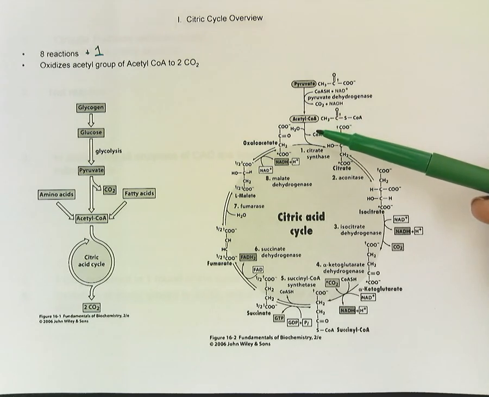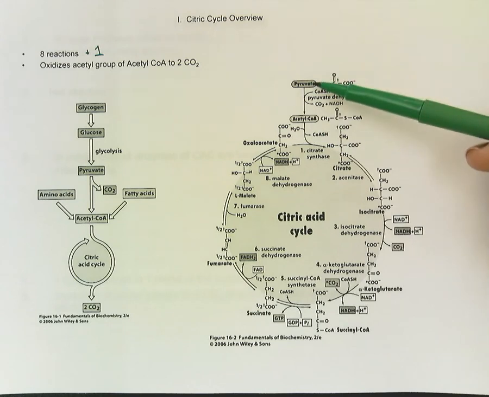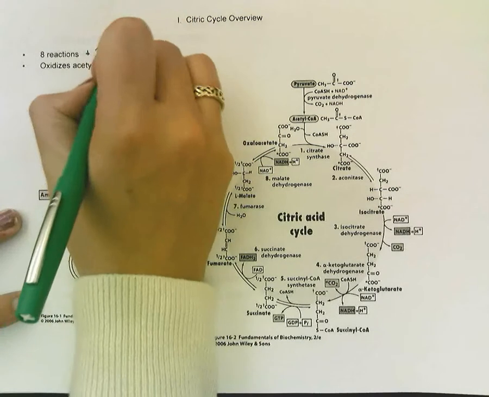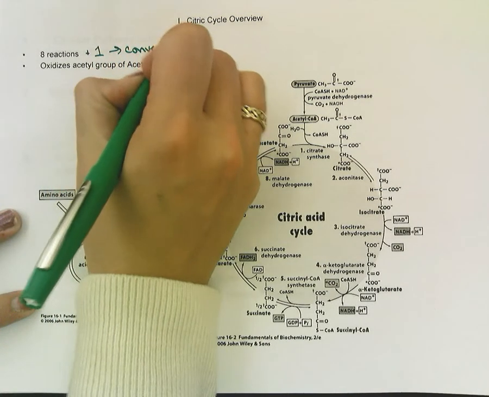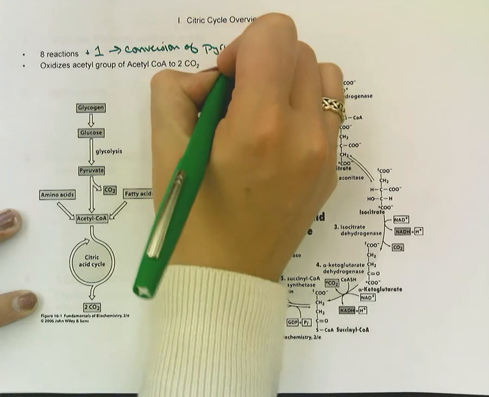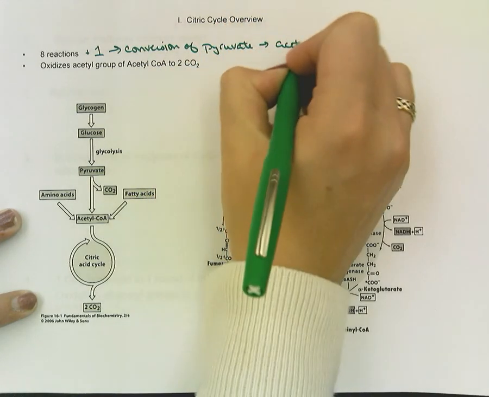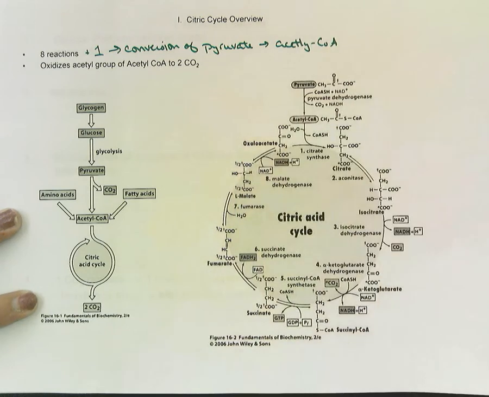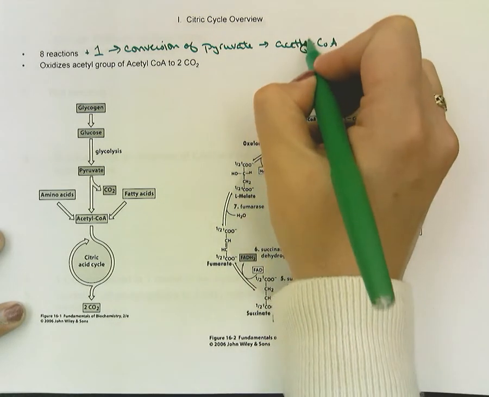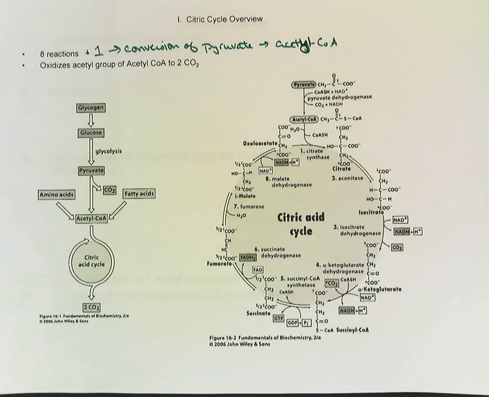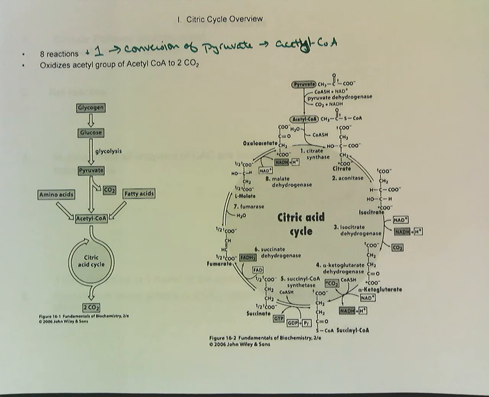But we have to do the step that ends glycolysis, which is pyruvate, to get us to acetyl-CoA. So there's really 9 reactions in the citric acid cycle, 8 that are acetyl-CoA back to acetyl-CoA.